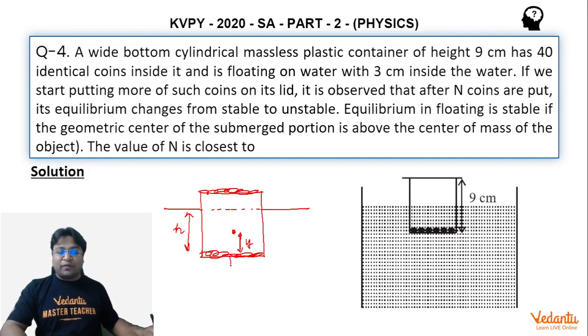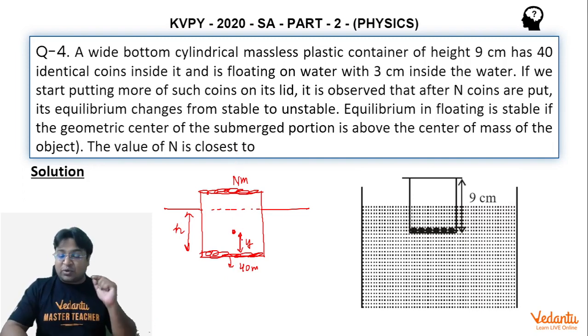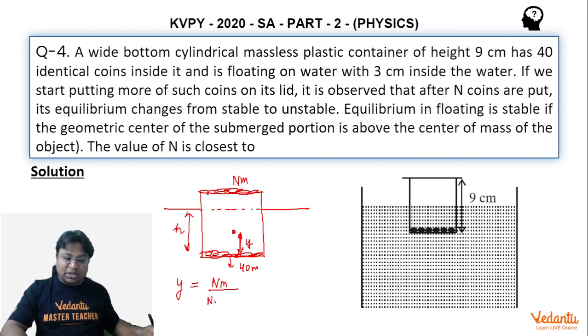So 40 m mass is present here, n m mass is present here, so I can treat this as a two particle system, because as far as the y coordinate goes, the entire mass is concentrated at only two locations. I can write this distance y as nm divided by total mass, which is nm plus 40 m, into this entire distance, which is 9 centimeter.